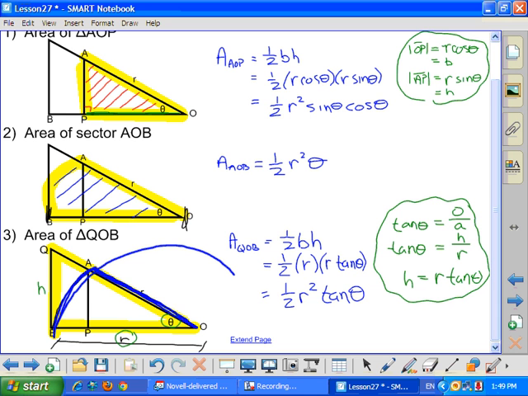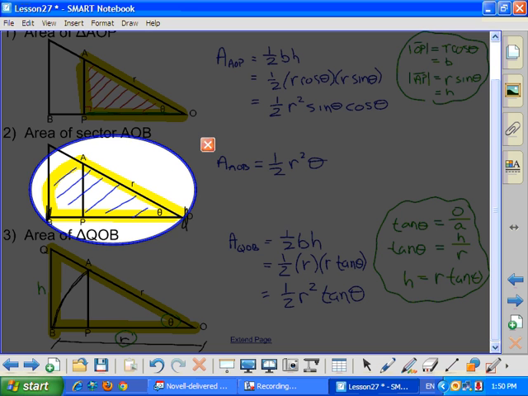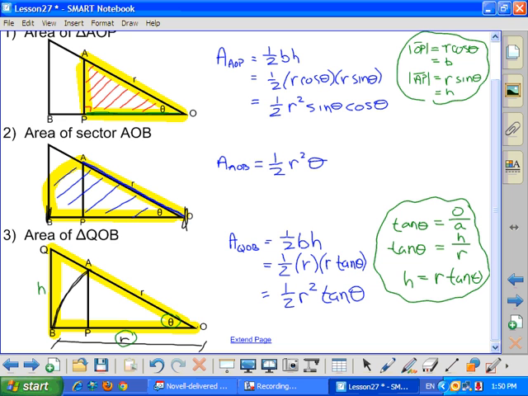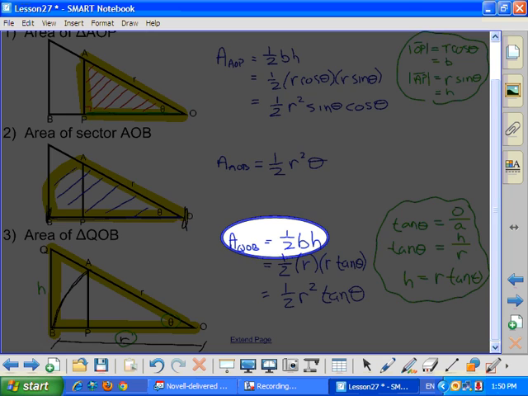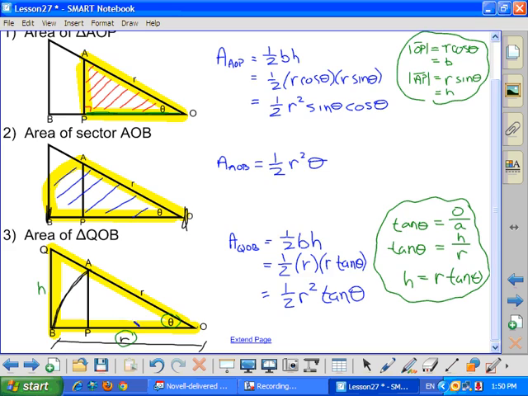So if it came down to point B, the length OB is also R. Because it's a piece of pie, all the sides on the inside of the pie have to be a length of R. We know it's a right angle triangle, so the base has a length of R.